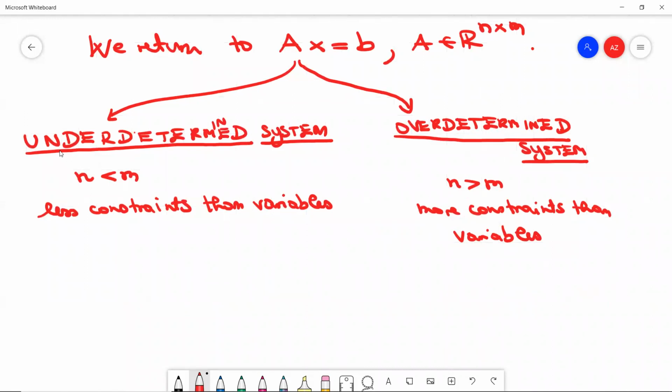And if we look at an underdetermined system, we have fewer constraints than variables. In most cases, such a system will be solvable, and it will have infinitely many solutions. So let's say that we have n constraints. Generically, we could choose m minus n x's as we want and calculate the others. So generically, the solution will be m minus n dimensional.